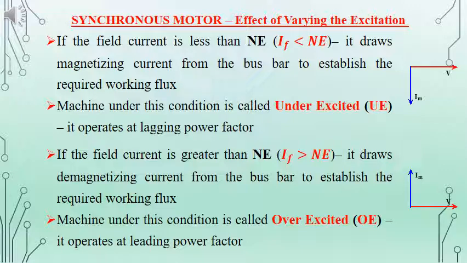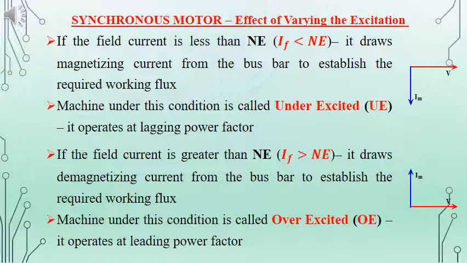And if the excitation is reduced below a particular limit, an additional flux or an additional magnetizing current should be drawn from the AC supply.